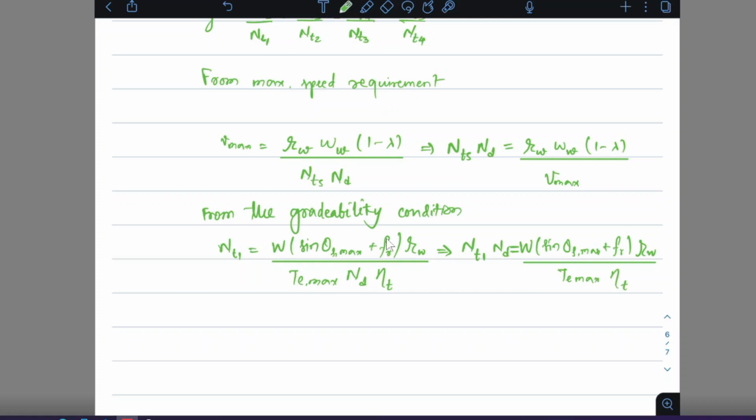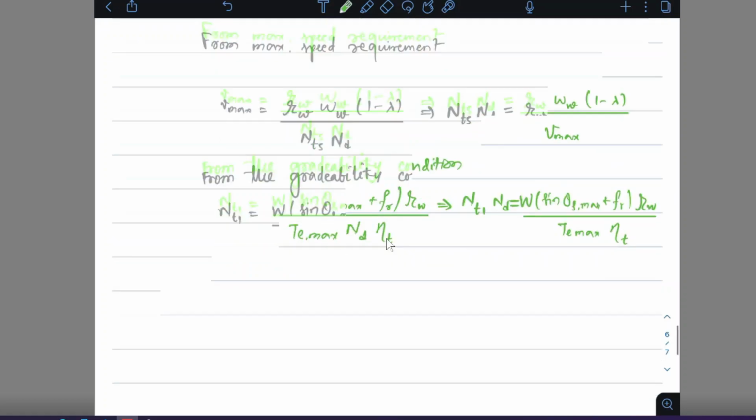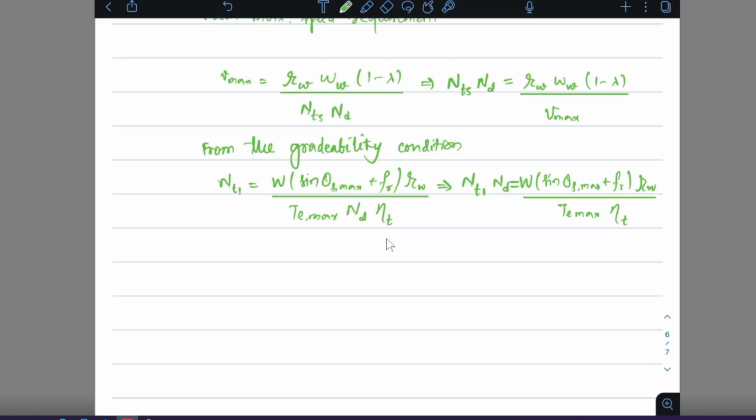Since we do not know three things and we have two expressions, we can divide these two expressions to get rid of ND. So we'll be left with NT5 divided by NT1.